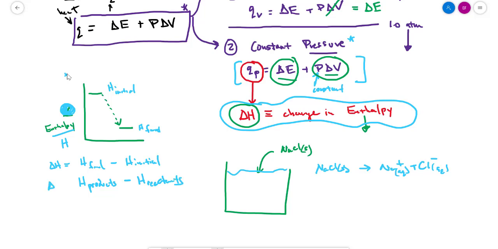And since this is a state function, again, we don't care about the trajectory here. We just care about the beginning and the end and the overall change. And built into this change is going to account for the energy of the system and how that has changed in terms of the bonds, as well as the change in pressure volume work, if there is any.